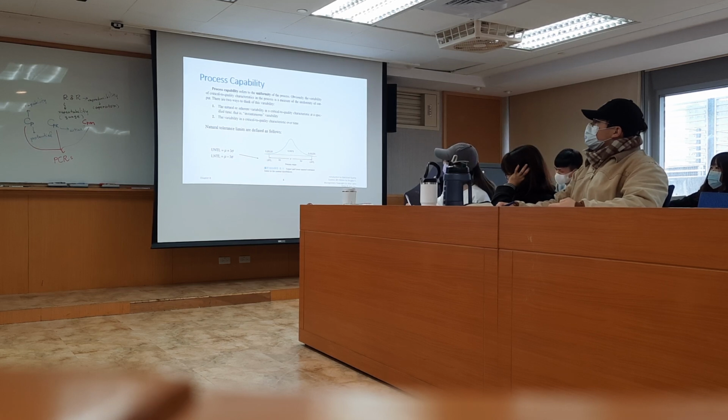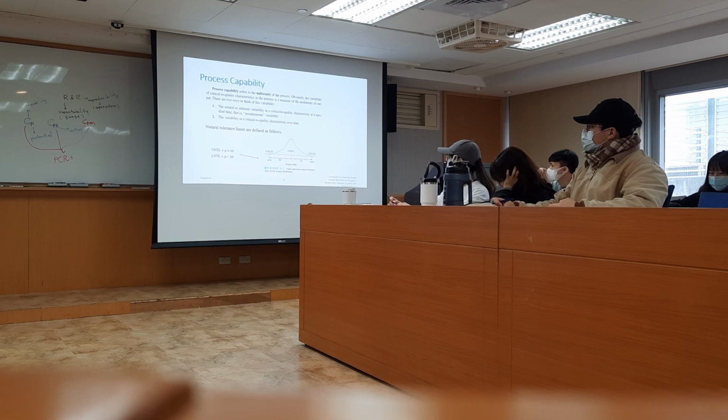This is the natural tolerance limit, the upper natural tolerance limit. Typically, this is the mean plus or minus 3 standard deviations. So the natural or inherent variability in a CTQ at a specified time is the instantaneous variability.